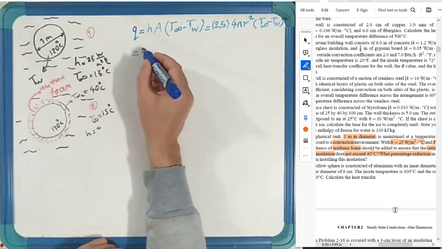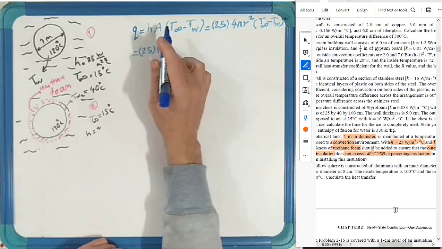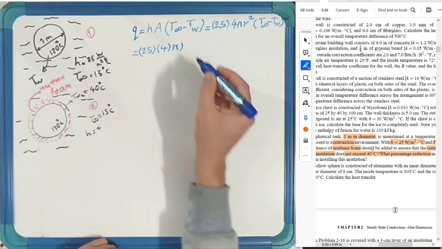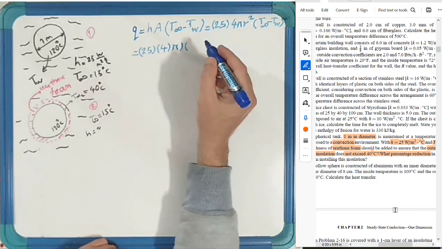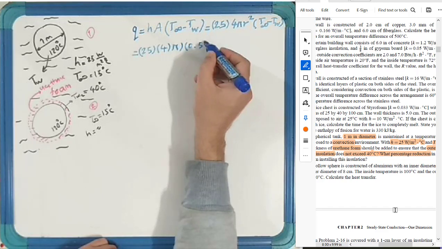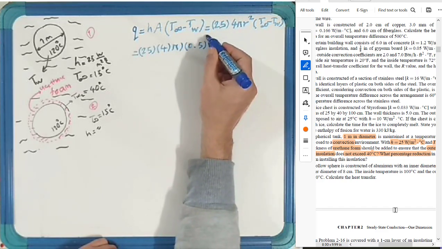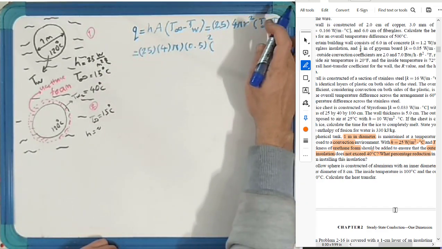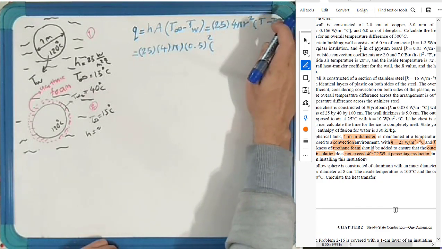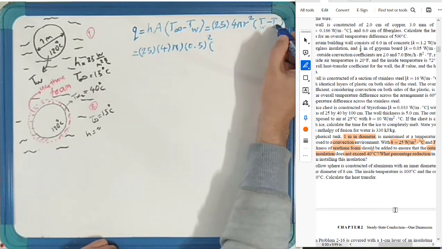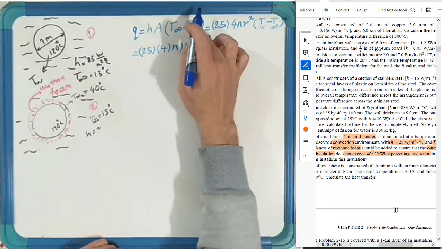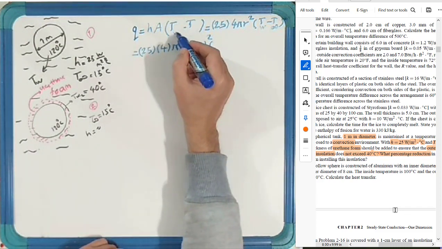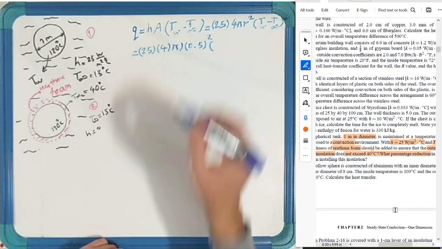Okay, it would be 25 again, 4 pi, and our r is in meters, of course, squared. Sorry, I have to write it the opposite way: T wall minus T infinity, because T wall is greater than T infinity, otherwise we would need a minus sign here.